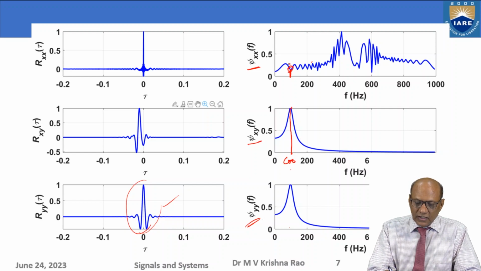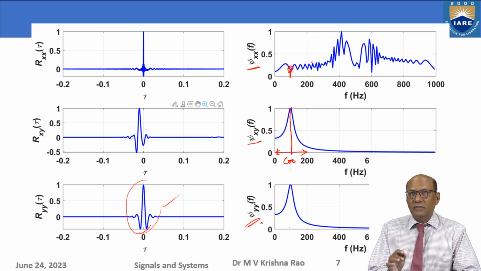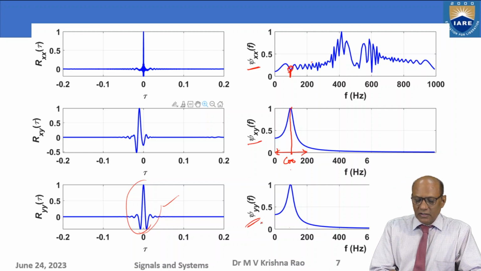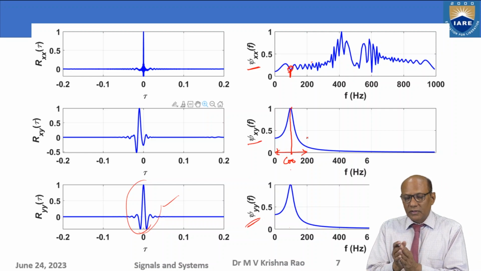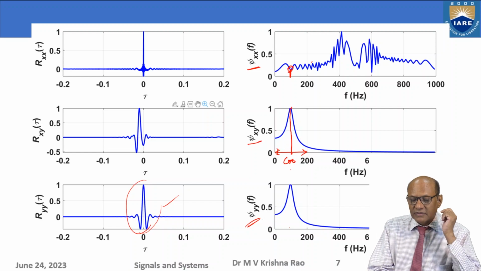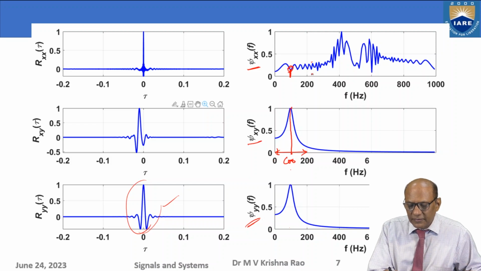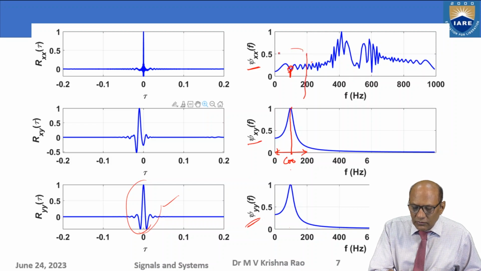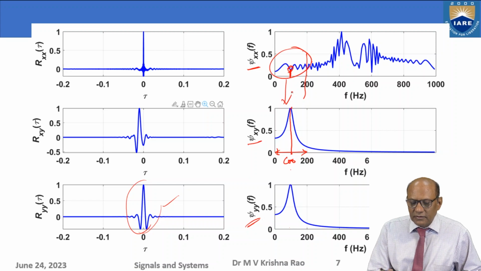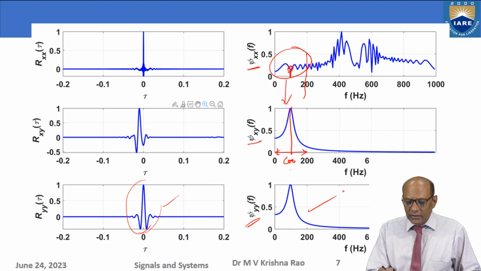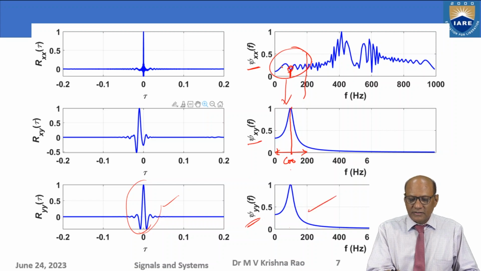If I take the width of the energy spectrum, that means where the significant energy is contained, that is between 0 and 200. This is the portion which is multiplied with this one, and effectively I got a similar rate, because these changes are very small compared to this one.